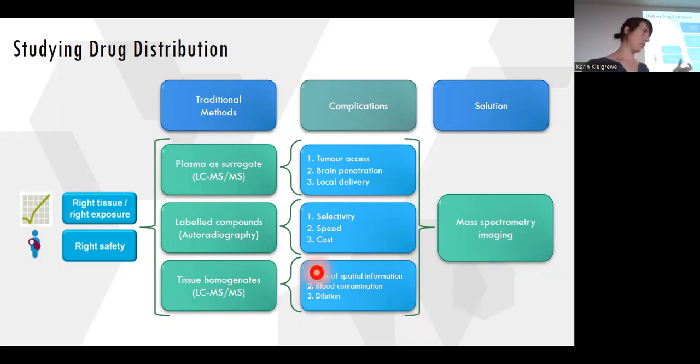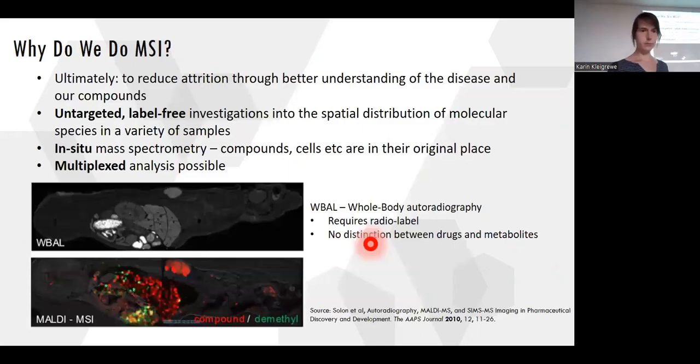The radio-labeled compounds I've mentioned are not available early on in the pipeline, and they're quite costly as well. So why do we do MSI at AstraZeneca? Well, ultimately, everything in industry is about reducing costs. So we want to reduce attrition through better understanding of the disease and our compounds. And MSI is great because it gives us untargeted and label-free investigations into how compounds distribute in a variety of different samples.